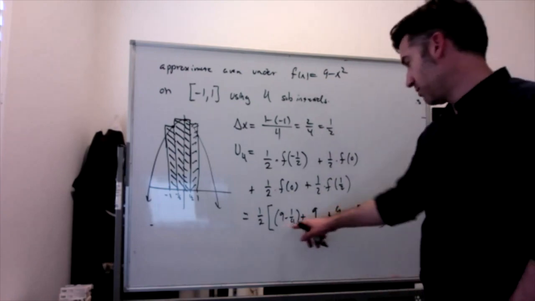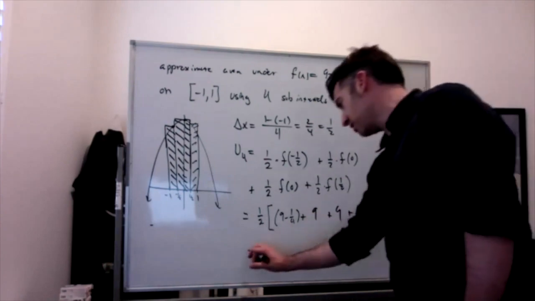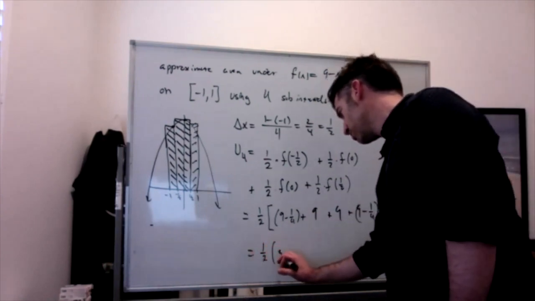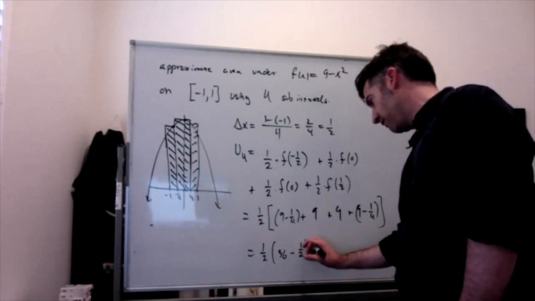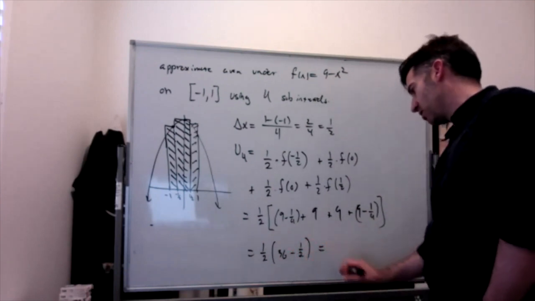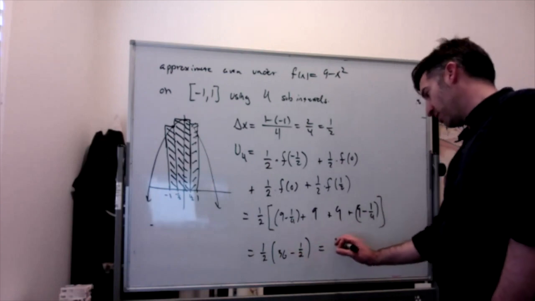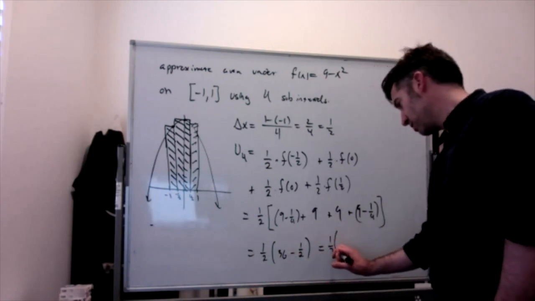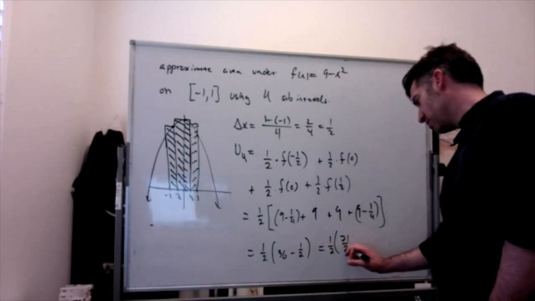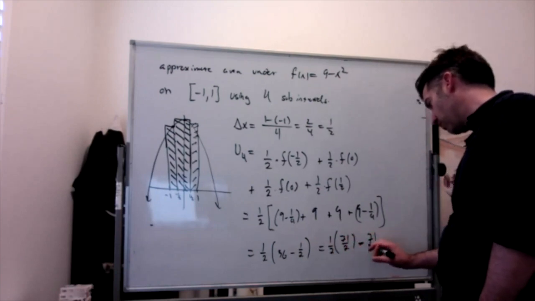So 9 plus 9 plus 9 plus 9 is 36. -1/4 minus 1/4 is -2/4, which is 1/2. So I end up getting 36 minus 1/2, which is 71/2. So I end up getting 71/4.